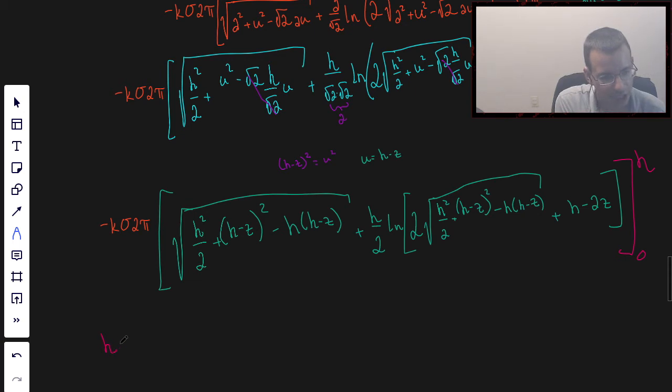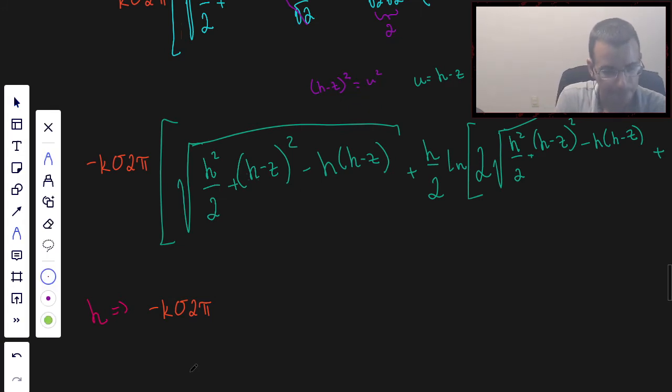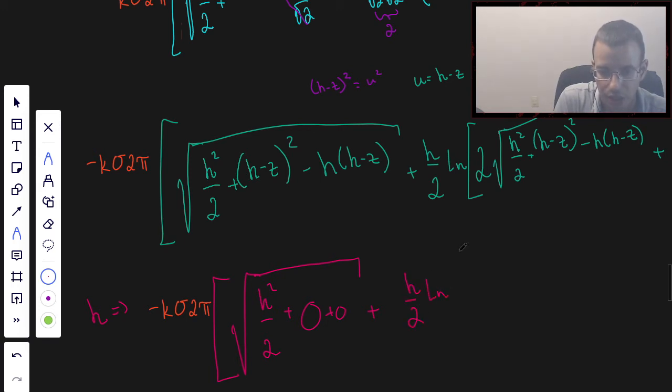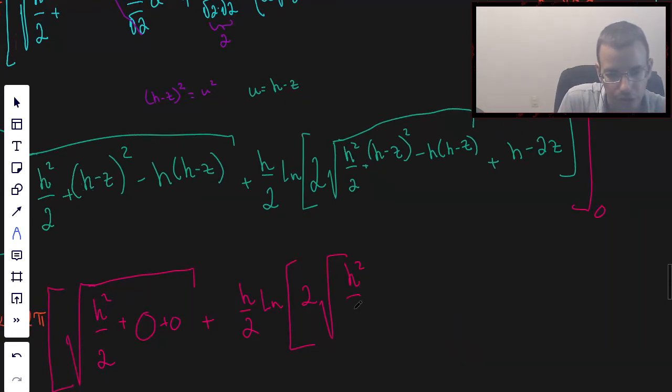So now we're going to evaluate for h first. So we're going to have, of course, our negative k sigma 2 pi. And we're going to have square root of h squared over 2 plus h minus h squared is going to be 0, minus h times 0, because h minus h is also going to be 0, so that's going to be good, plus h over 2 natural log of 2 square root symbol h squared over 2.